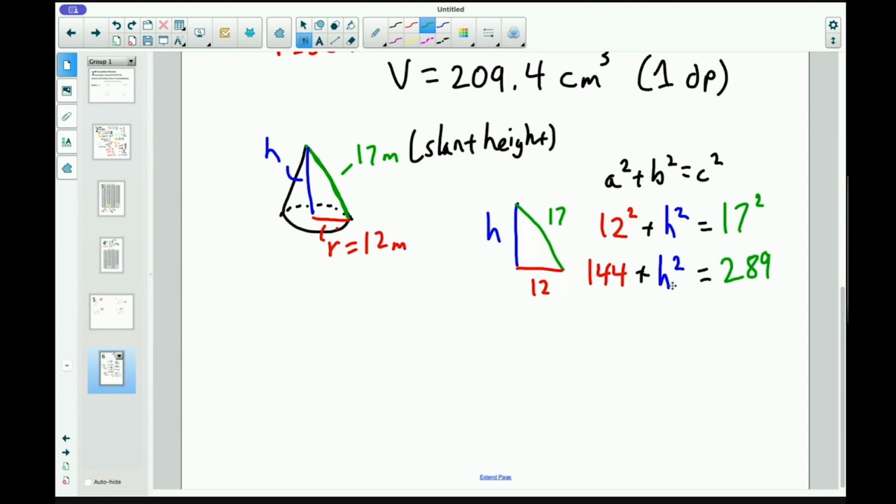And since we're trying to make h our subject, let's subtract 144 from both sides. So we get h squared is equal to 289 minus 144. That is 145. Okay. Where did I get 144 from? 12 squared is 12 times 12. So 12 times 12 gives us 144.